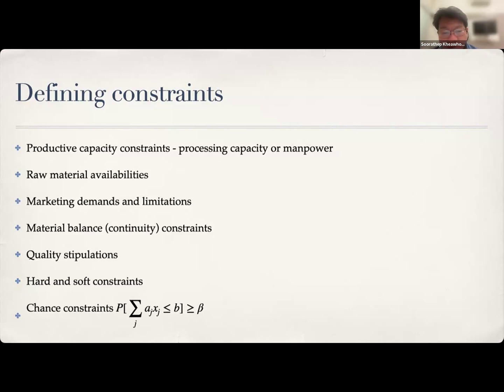The next one is quality stipulation. The quality stipulation can be your constraint. For example, if you produce ethanol, you know that your customer needs ethanol with purity higher than 99.5 volume percent. That means you cannot sell it if your product has concentration lower than 99.5, right?